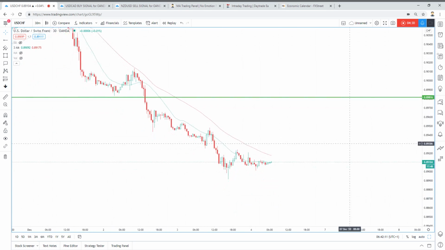Now what I'm going to do here is, on my moving average strategy, I am going to wait for price to close above the 50 moving average on the 30-minute chart. My stop loss will be here.